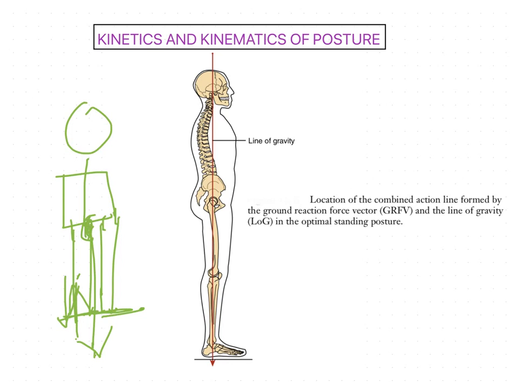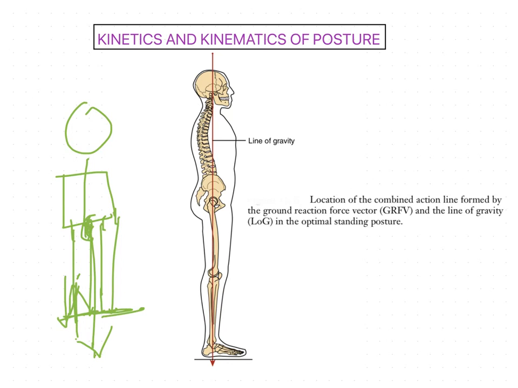If you see the internal forces, they are produced by the muscle activity and passive tension in ligaments, tendons and joint capsules and other soft tissue structures. So these will cause the internal forces.